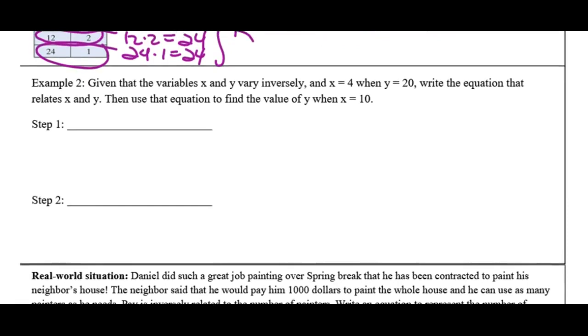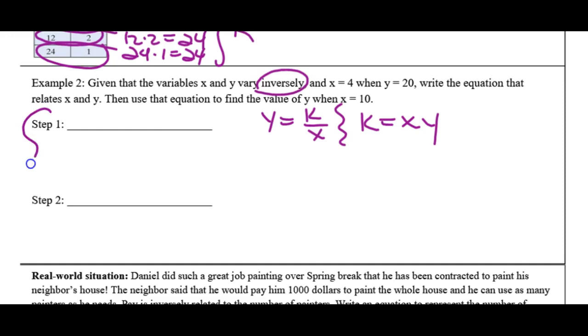Example 2. Given that x and y vary inversely, so I'm already thinking inverse, k over x, and then to find k, I do x times y. When x is 4 and y is 20, write the equation that relates x and y, and then we're going to use that equation to generate another ordered pair.